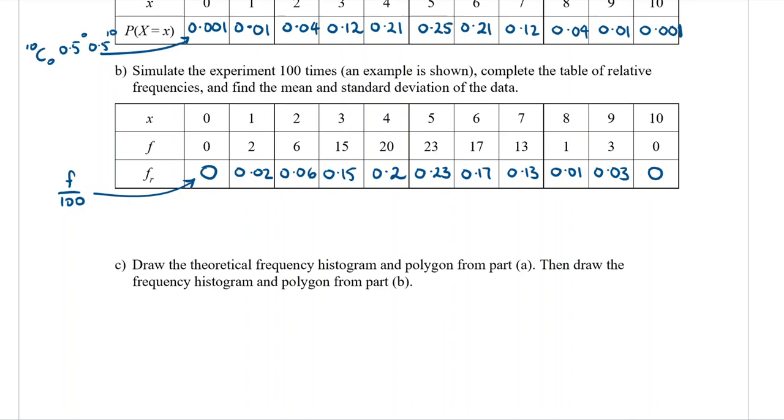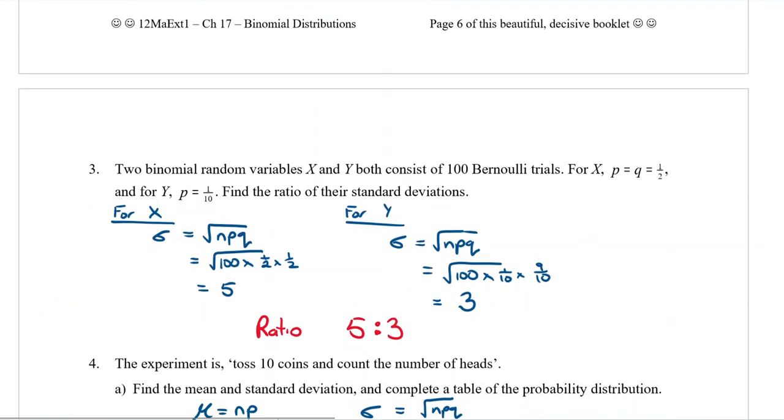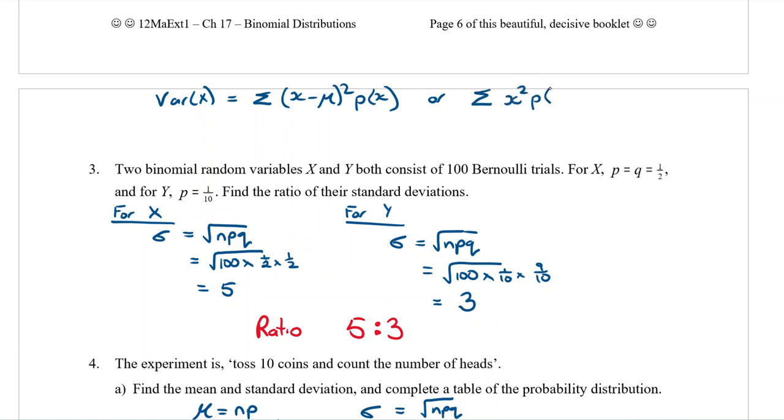Okay, so the formulas, actually I'll write them down here at the top of the page because I don't have space down there. The formulas that we had from advanced were that variance is equal to the sum of (x minus mu) squared times the probability of x, or you could use the sum of x squared p of x minus mu squared.